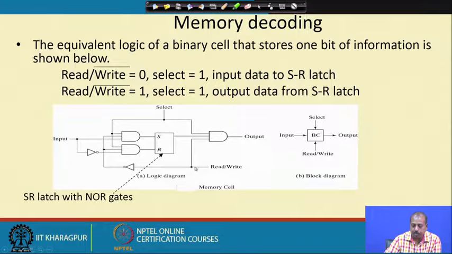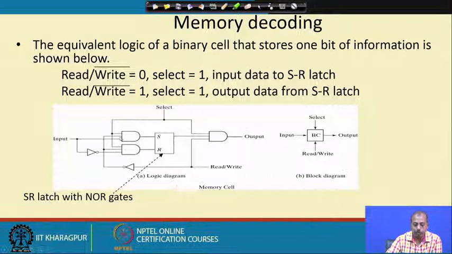Since this read write bar line is equal to 0, this will come as 1 here, and the input bar will come to this reset point. So, in the S I have input, and in the R I have input bar. As a result, whatever the value of the input, that will get stored here.